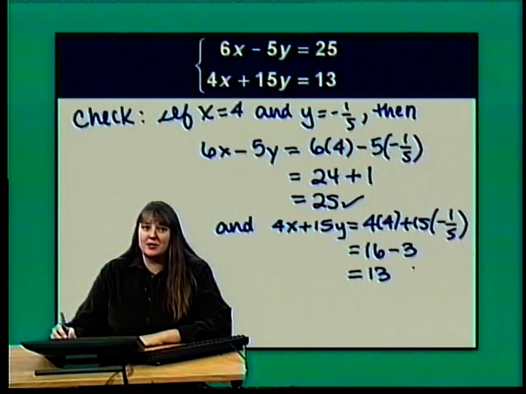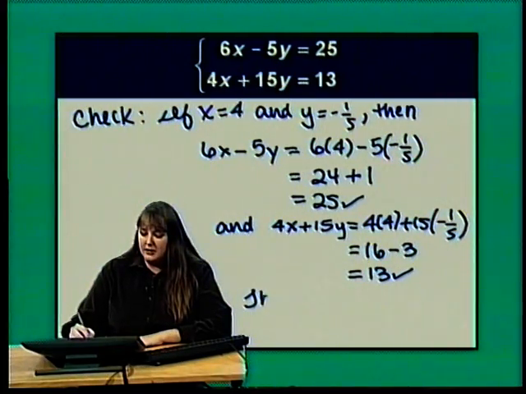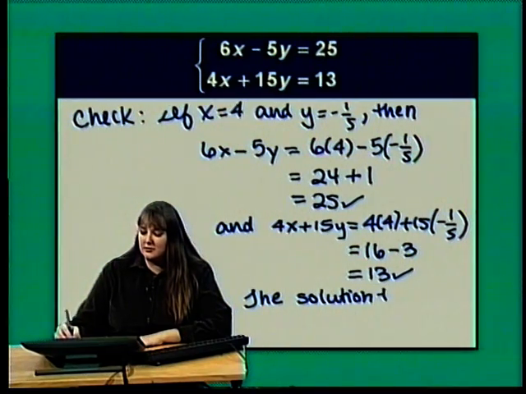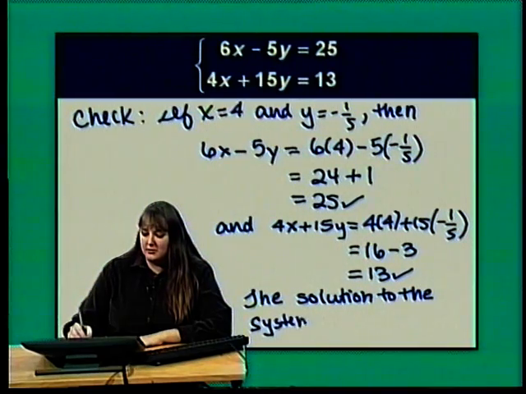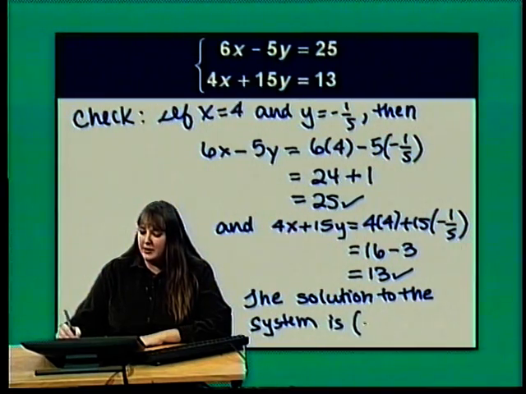Looking at the second equation, that's good. We wanted 4x plus 15y to equal 13, so this checks. So I can go ahead and write my conclusion. The solution to the system is the ordered pair 4, negative 1/5.